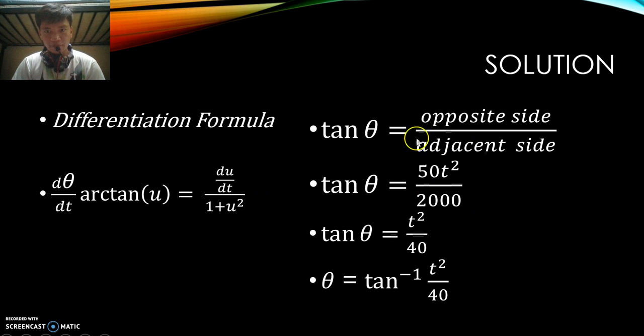Here we simplified 50t² over 2,000 to t² over 40. This is the simplified part of the equation before its differentiation.